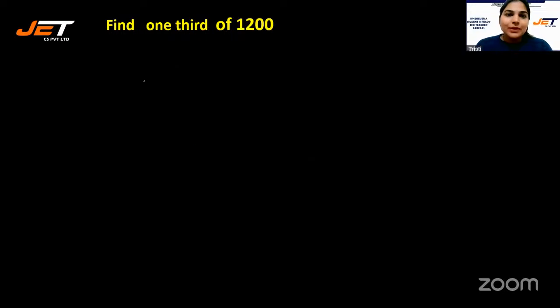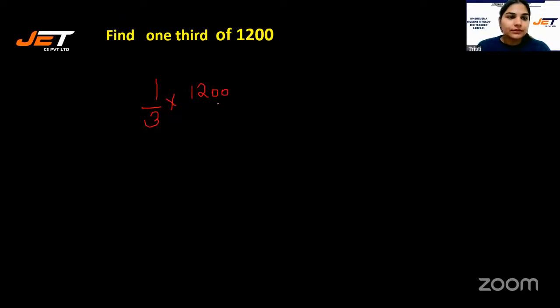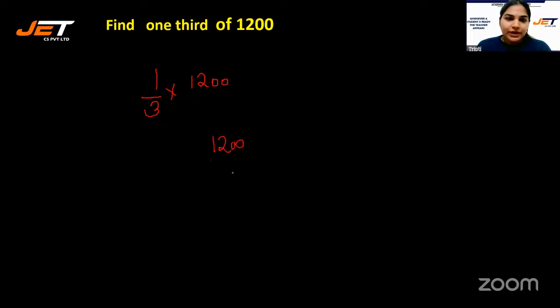Okay, 20. One third of 1200. So here, 1200 by 3.